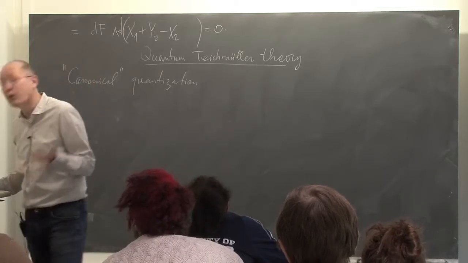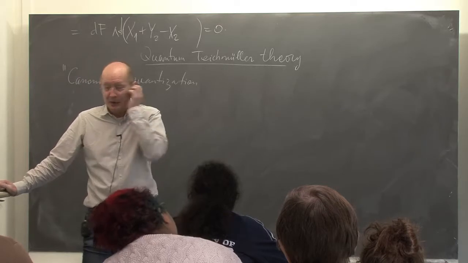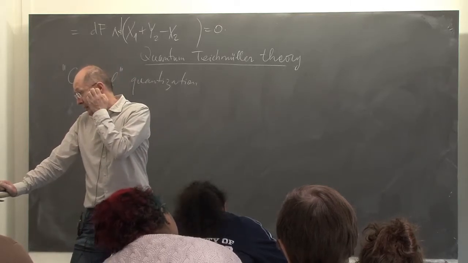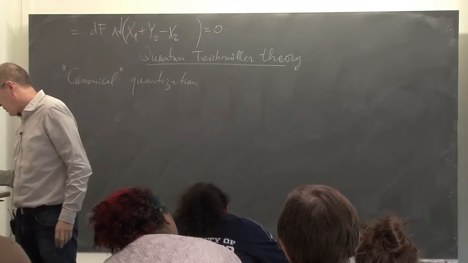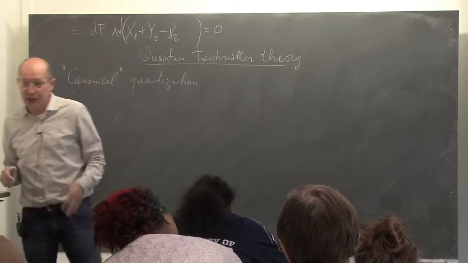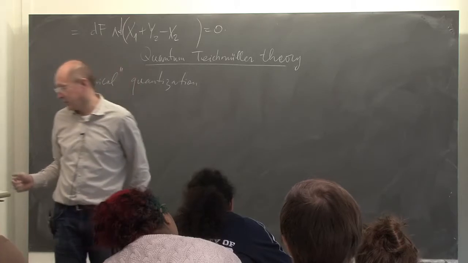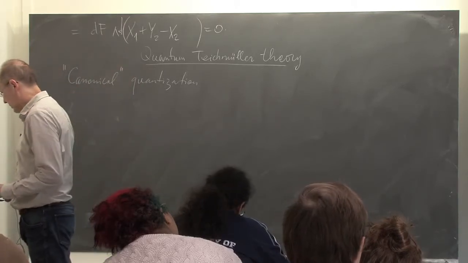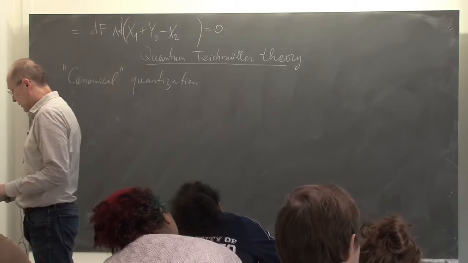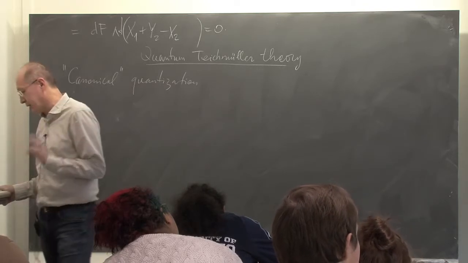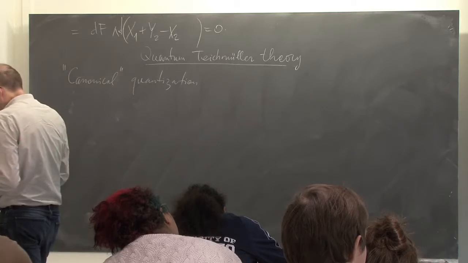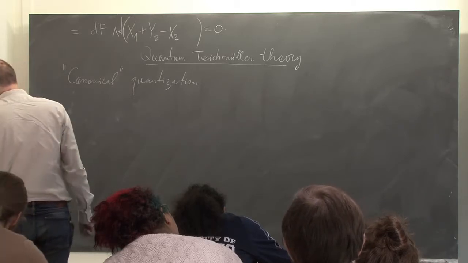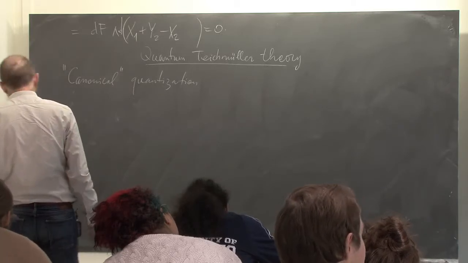But we want more than just deformation quantization. And so to have more than deformation quantization, I can rely on some general theory about that. So we will be here partly heuristic, but we will keep the mathematical rigor as much as possible. Okay, so what will be canonical quantization for us?